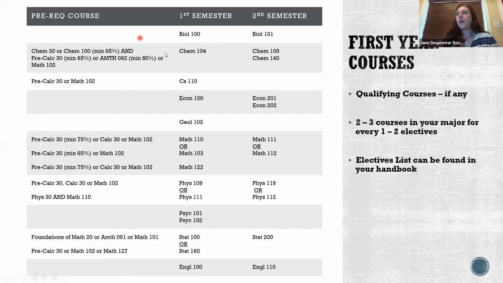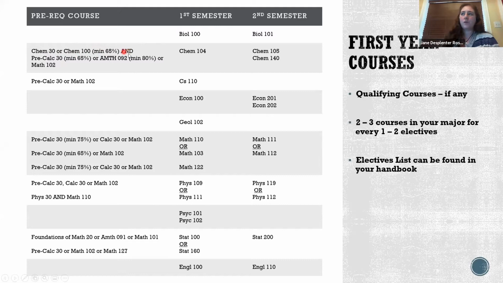The Chemistry 104 prerequisites include Chemistry 30, so grade 12 chemistry, or Chemistry 100 with a minimum of 65%. What this means is that you need either grade 12 chemistry with 65% or higher, or, if you didn't take chemistry in grade 12, you can take Chemistry 100 at the University of Regina and get a minimum 65%, and that will meet your chemistry prerequisite.